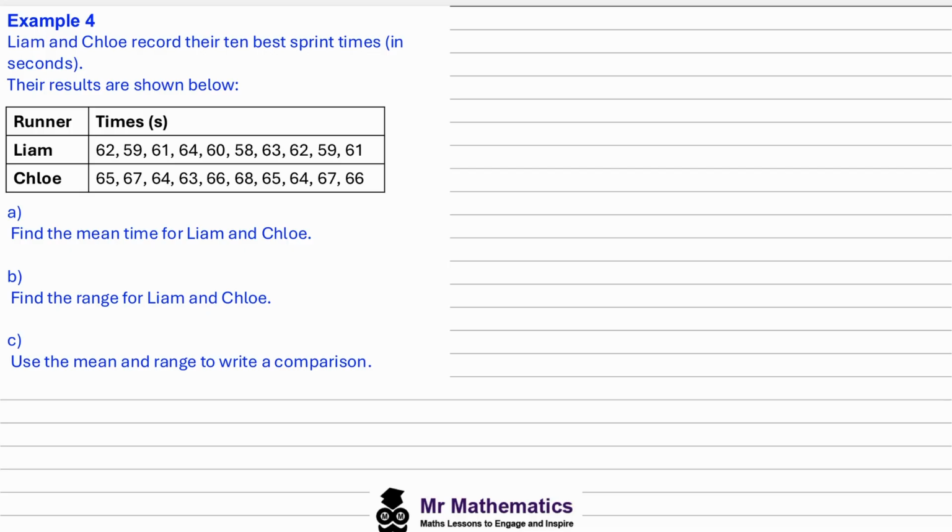If we begin with Liam, the mean average will be the total of all the times added together, which comes out as 609, divided by the 10 games. So this is an average of 60.9 seconds. The range will be the 64 seconds take away the 58. So 64 take away 58 will give us 6 seconds.